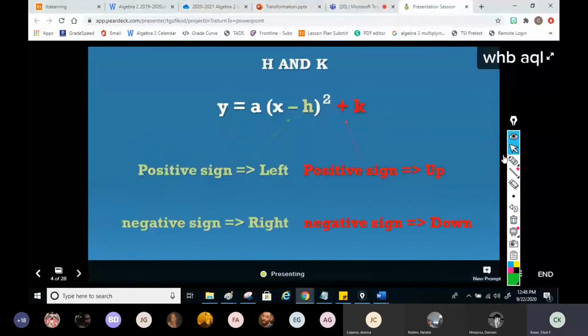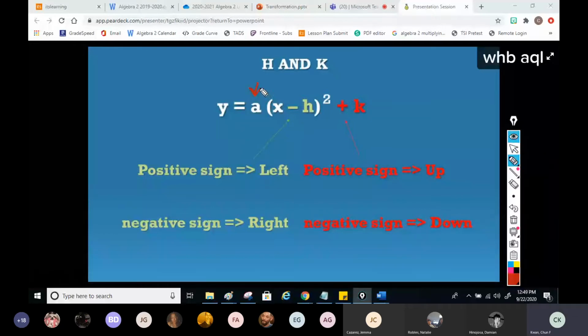All right, so from now on, this is the stuff that you absolutely have to write down, okay? So let's talk about this generic quadratic equation right here. y equals a, the number at the very front. The number in the very front, we are going to call the letter A. And then right here, in between the x and the square, this number, we are going to call h.